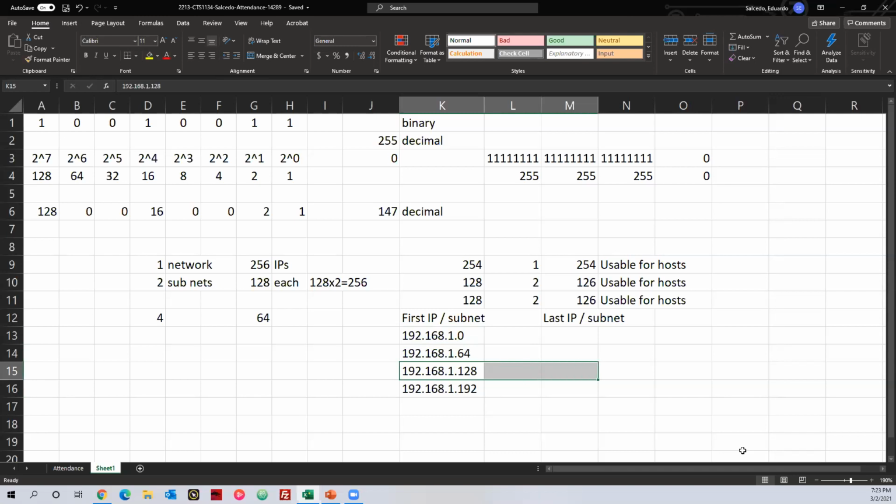Which will be the first usable IP address of the third subnet? 129. Is everyone getting why?